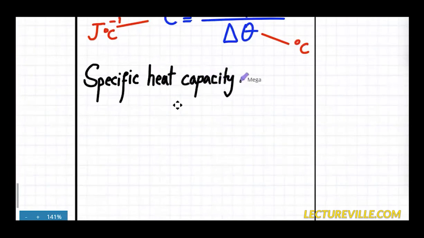We were doing heat capacity first. Now we are doing specific heat capacity. And don't be confused if the examiner sometimes uses thermal, sometimes uses heat. It is the same thing. Okay. Specific heat capacity.